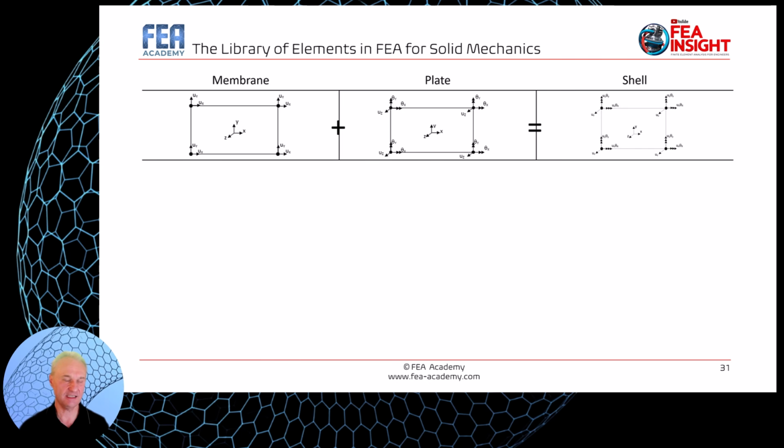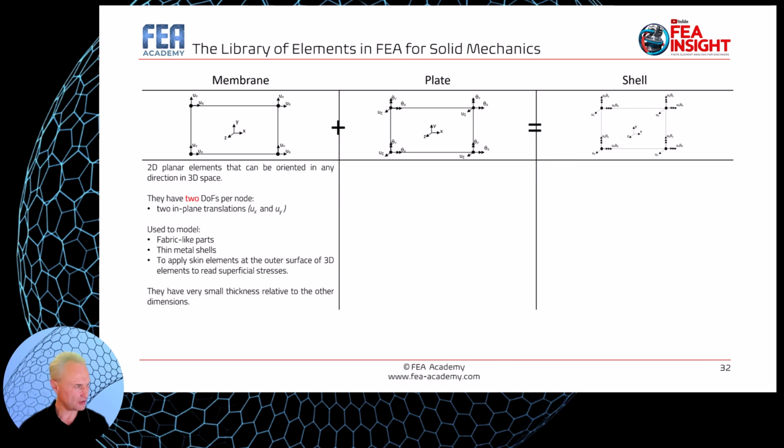So let's see in detail the definition of the shell elements. The shell element, in reality, is a combination of a membrane element and a plate element. The membrane element is a 2D planar element that can be oriented in any direction in 3D space, and it has 2 degrees of freedom per node, the 2 in-plane translations.